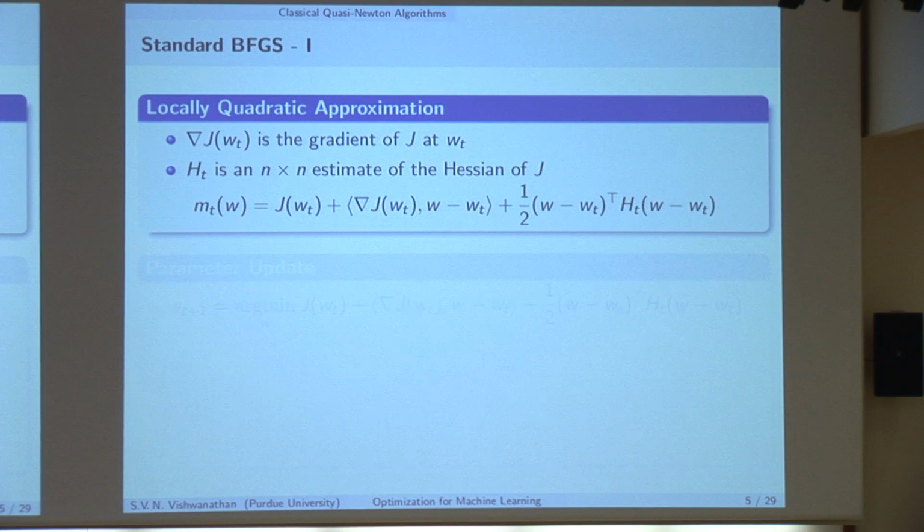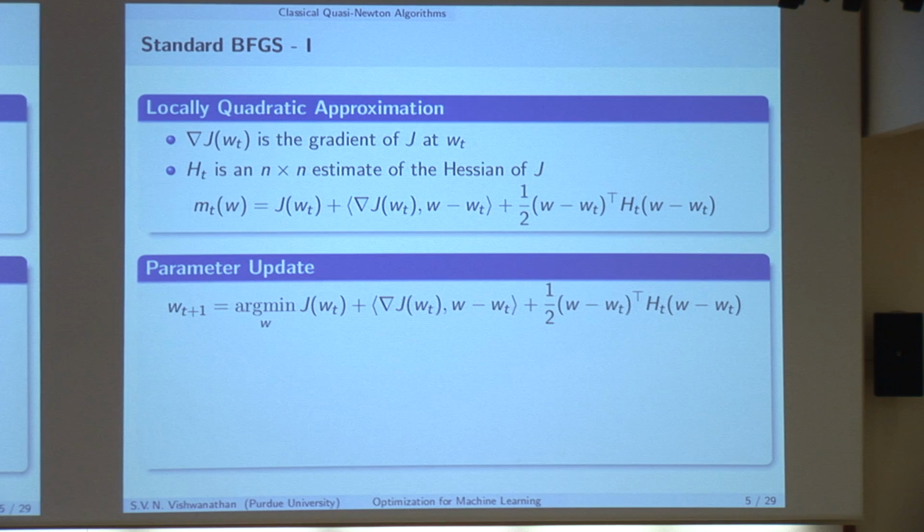If suppose this H_t were the true Hessian, then this is the second order approximation to your objective function J. A second order approximation is simply saying, from among all quadratic functions, tell me which is the quadratic function which locally fits the function the best. Okay, clear?